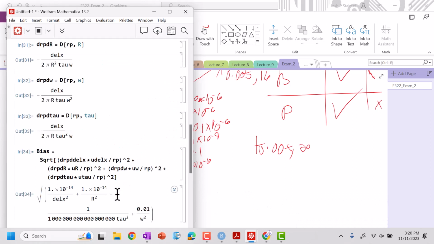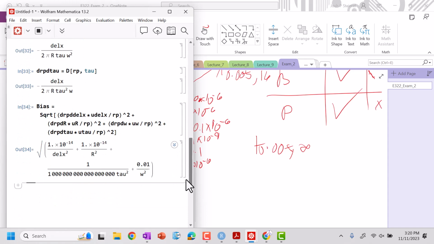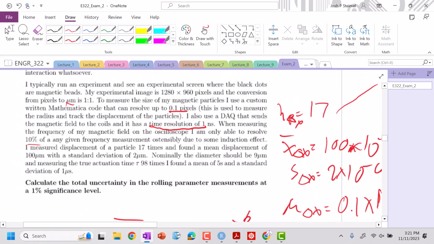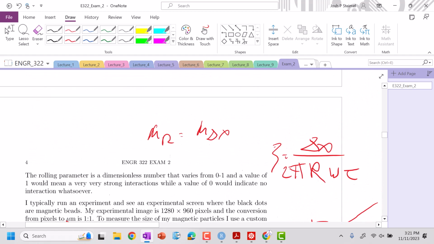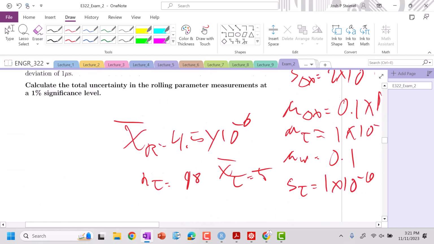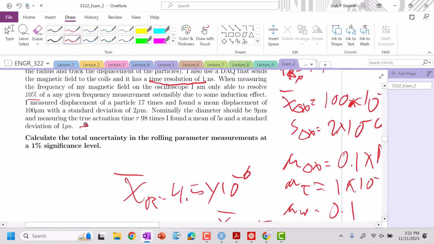So, got my bias. Actually, we do need it, but we should be told in here, and there may be a typo, but there should be time resolution. There should be a typo where our nominal omega is basically 1 hertz.